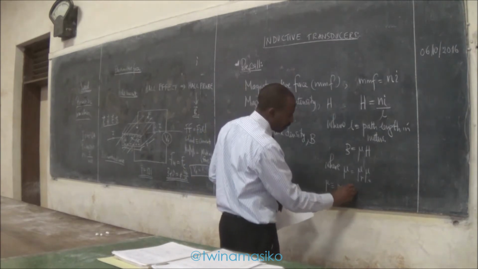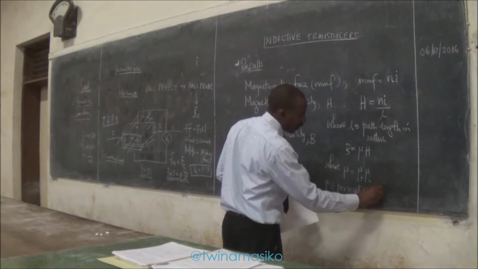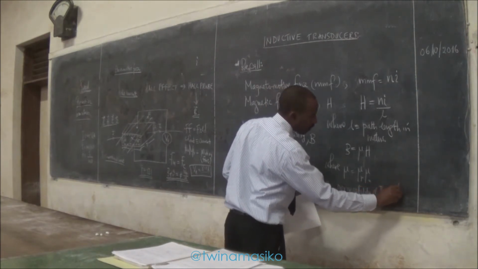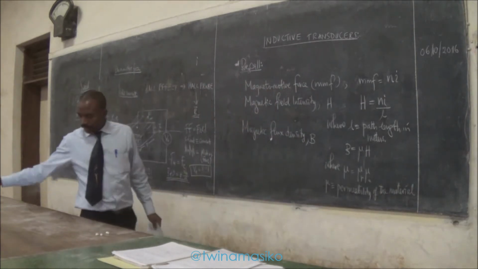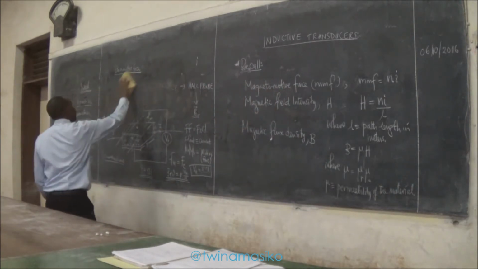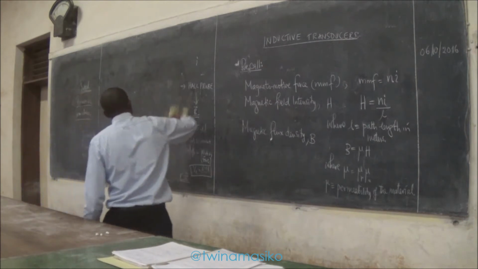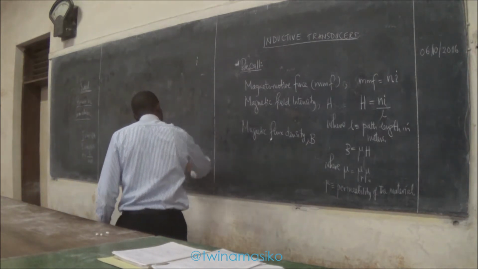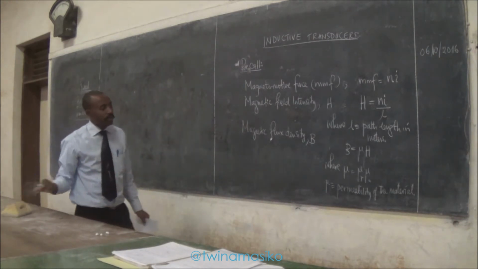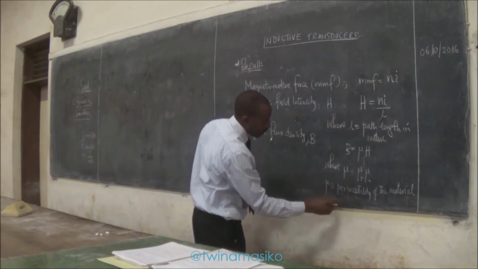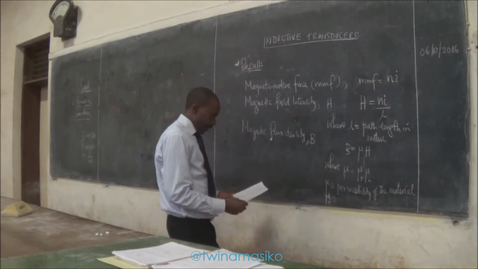And mu R is called the relative permeability.